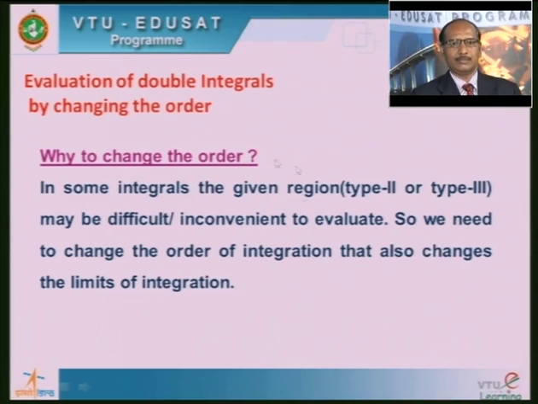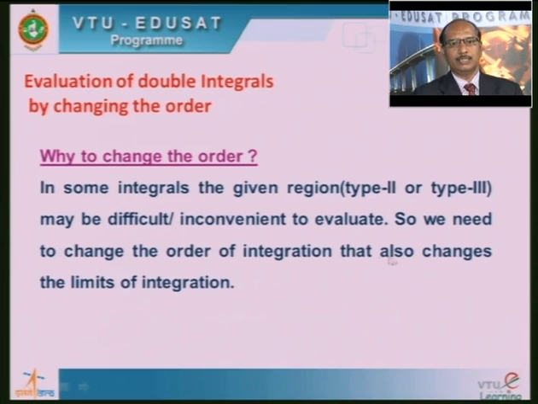In such cases, when we are uncomfortable evaluating the given region, whether type 2 or type 3, one may be easier to evaluate. So, we need to change the order of integration, not only changing dx dy to dy dx, that also changes the limits of integration. That is to be taken care of, not simply changing dx dy to dy dx.